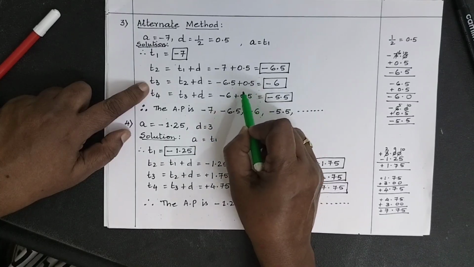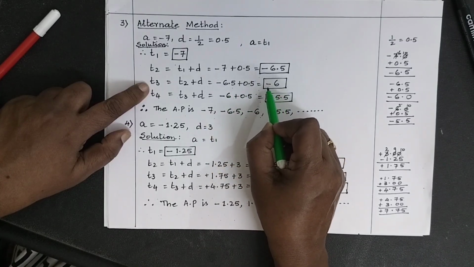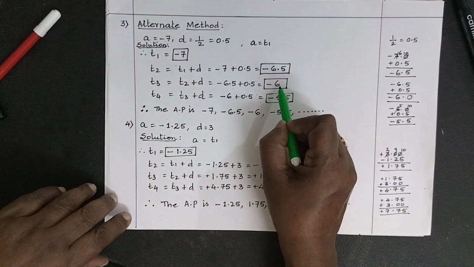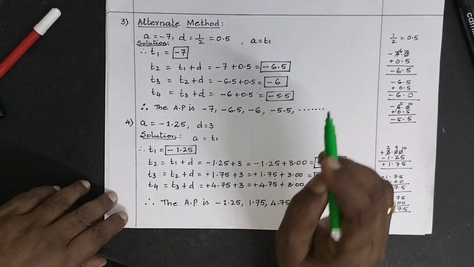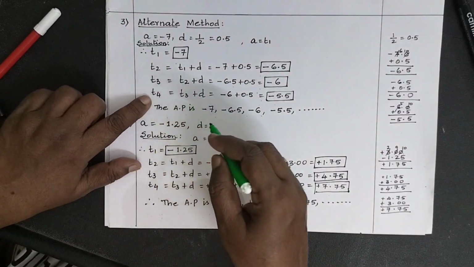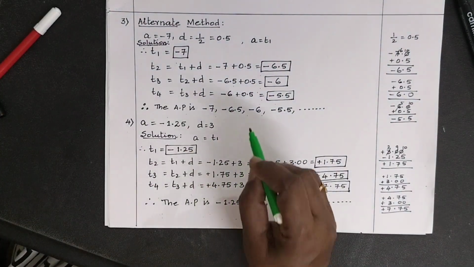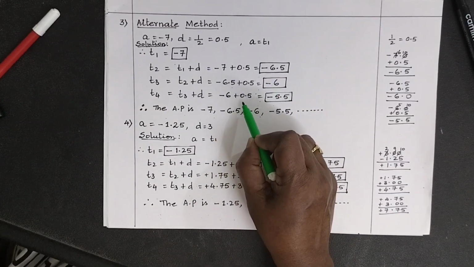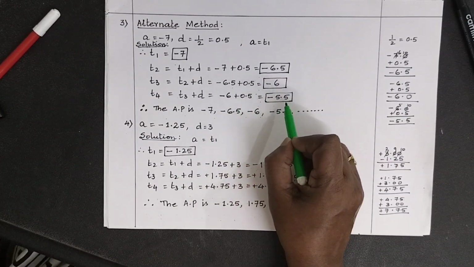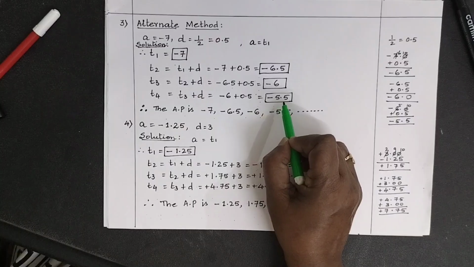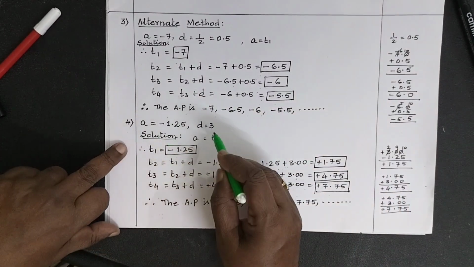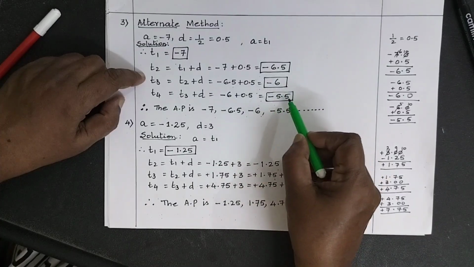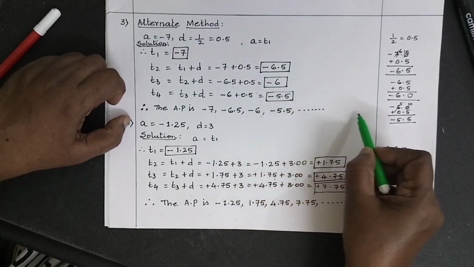So again you have to subtract it and put the greater absolute value number's sign, and you just subtract it. T4 is what? T3 plus D. So T3 is what? Minus 6 plus 0.5. Do the calculation and write this is minus 5.5. So the AP is minus 7, minus 6.5, minus 6, minus 5.5, etc.